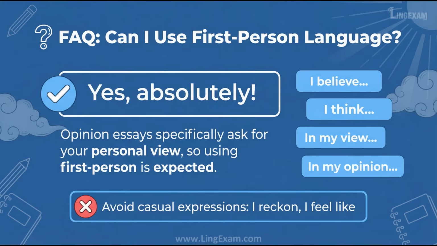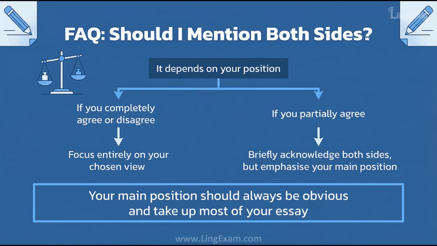Just make sure you maintain a formal tone overall. You can say, "I believe," or "I think," or "in my view," but avoid casual expressions like "I reckon" or "I feel like."